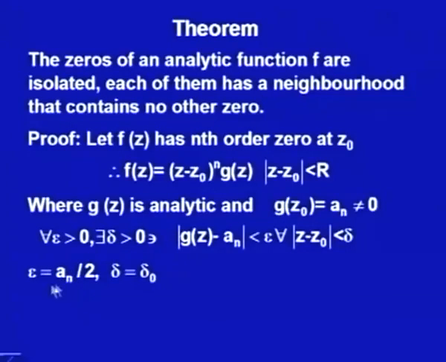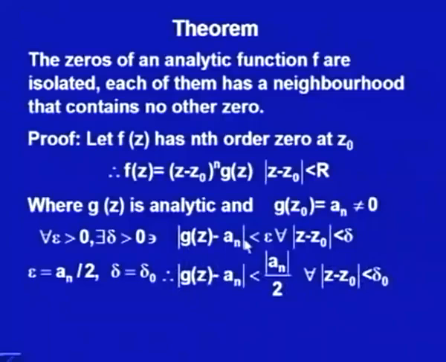Here I am taking the precaution that a_n is positive, let us say a_n is positive. If this is happening, then what will happen? We say from here that |g(z) minus a_n| is less than mod of a_n upon 2 for all |z minus z naught| less than delta naught, because corresponding to this epsilon the delta is this delta naught.